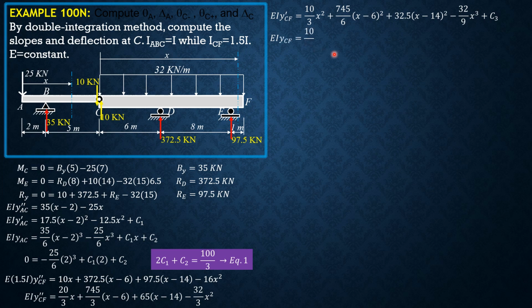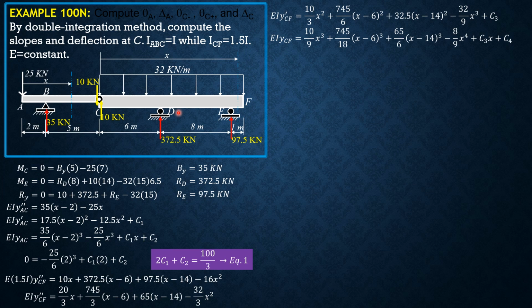So EI y CF equals 10 over 9 x cubed plus 745 over 18 quantity x minus 6 cubed plus 65 over 6 quantity x minus 14 cubed minus 8 over 9 x to the fourth plus C sub 3 x plus C sub 4. So again, C sub 3 is the slope at C just to the right, and C sub 4 is the deflection at C.